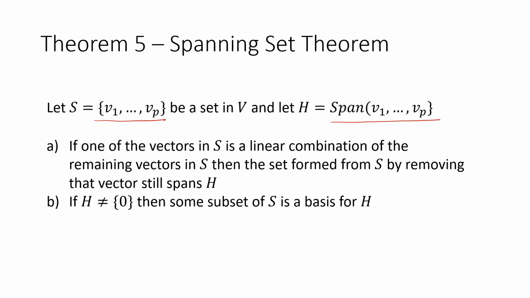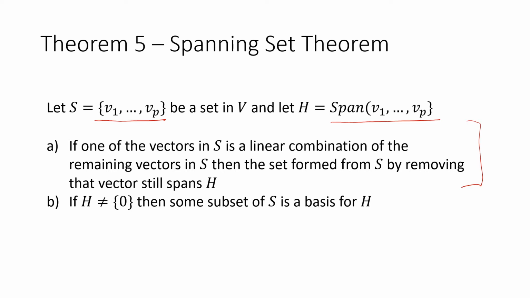It could be all of V, or it could be a smaller set. So H is the span of these vectors that you pick out. The theorem says a couple of things. It says, first off, that if one of the vectors in S is a linear combination of the remaining vectors, then you can take it out and you're still spanning the same thing.